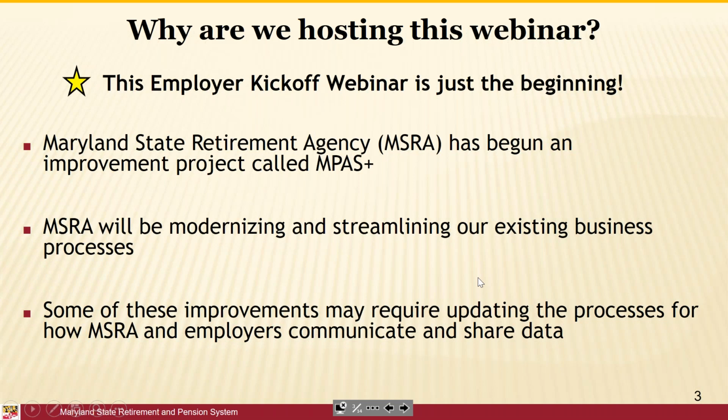So we're looking at all of our business processes. How can we modernize them and streamline them to make our agency more efficient? Some of these improvements will require updating processes for employers: our communication to you as employers, employers communicating to the Maryland State Retirement Agency, and also how we share data back and forth between employers and the Maryland State Retirement Agency.